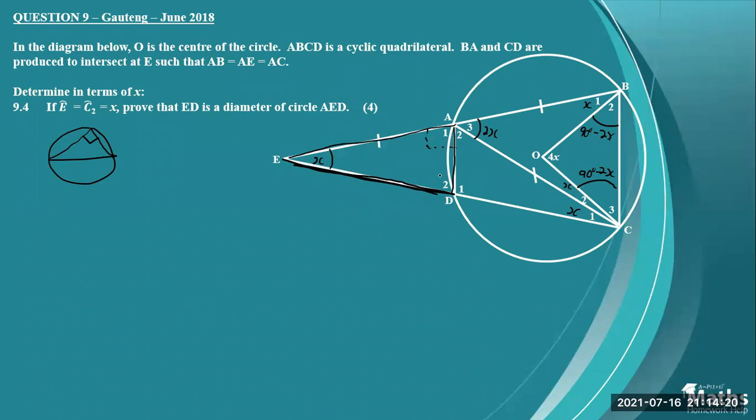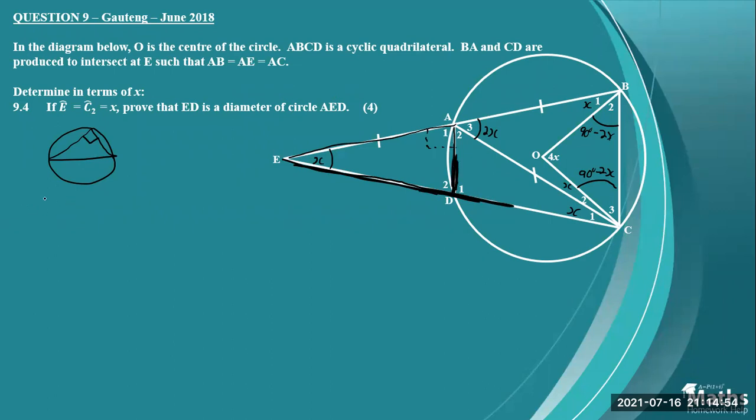So let's see, how can we try and prove that one is 90 degrees? Well, if we can somehow get hold of more values here, then we can. So let's see. Well, what can I say maybe about D2? Can you see there's a line coming out?